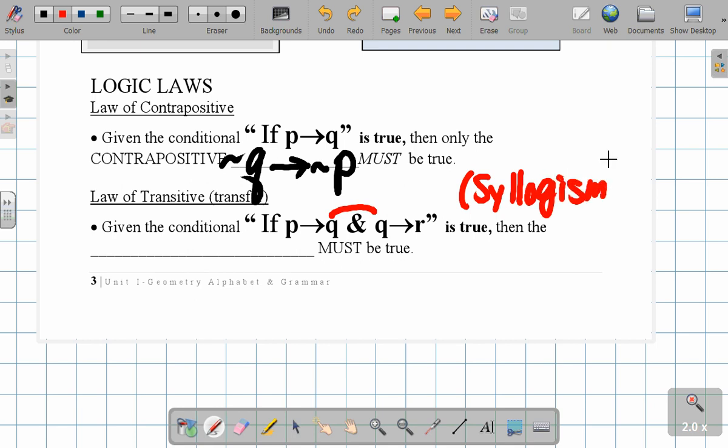Great word, fancy word for something you're already intimately familiar with. If you get a job, you can save money. If you save money, then buy a car. Therefore, if you get a job, you can get a car. If P then Q, if Q then R, you conclude if P, then R is true. All this is a syllogism.